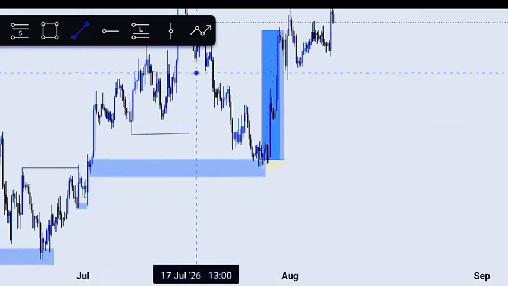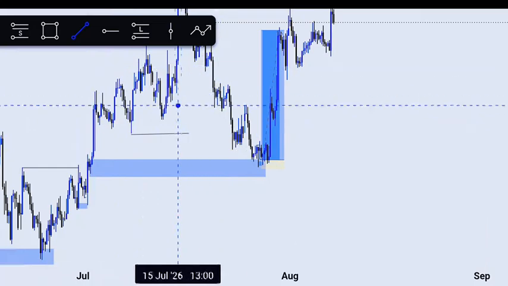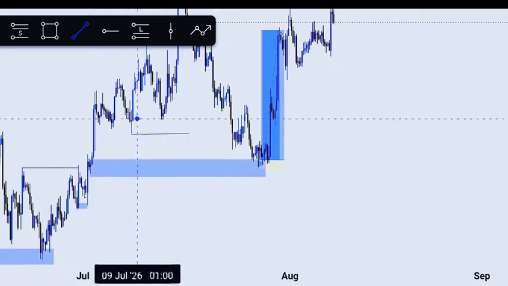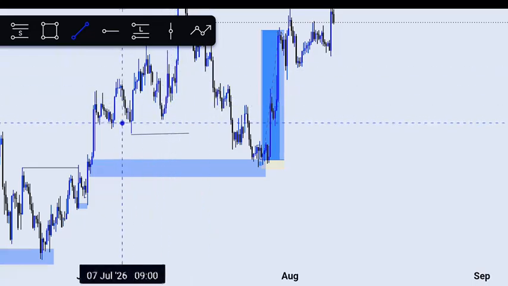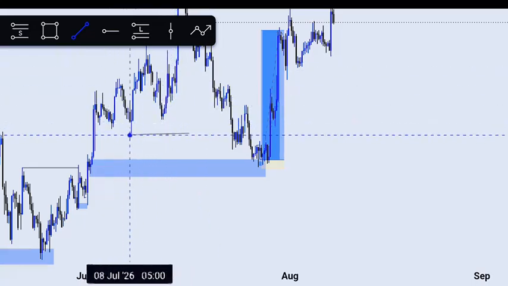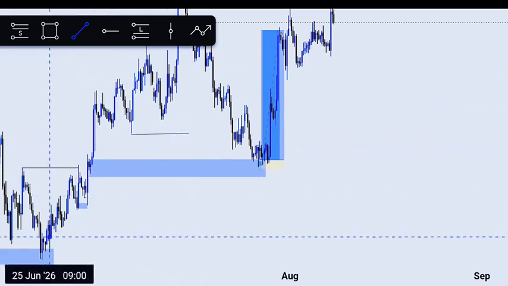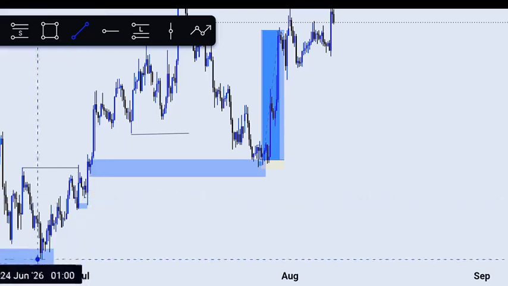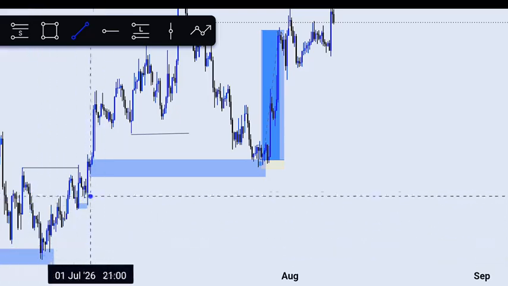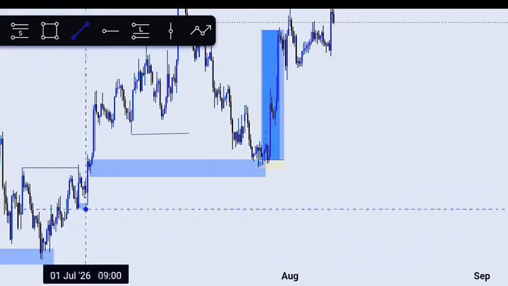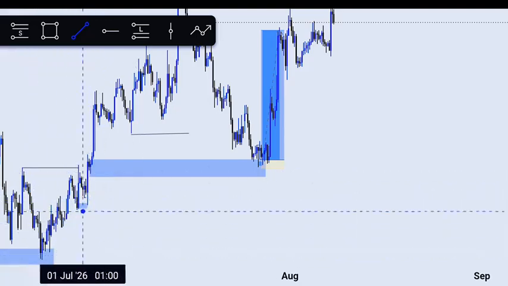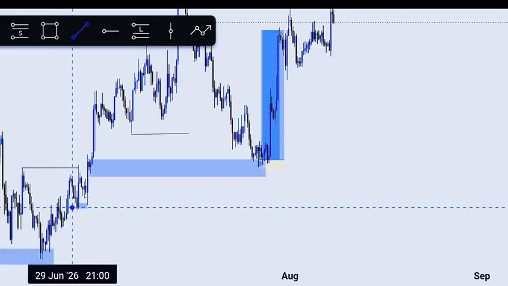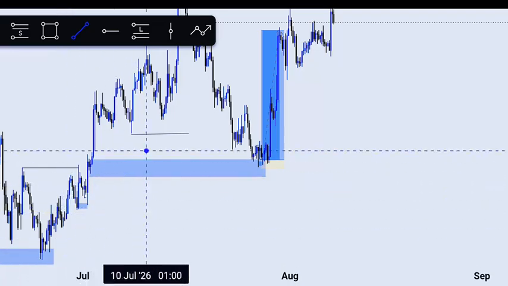So I was waiting patiently for market to shift, taking out all these lows. I would have come lower, but there was no point of interest at these lows. So this liquidity might be taken later in the future. I don't know, so I just ignored that side.